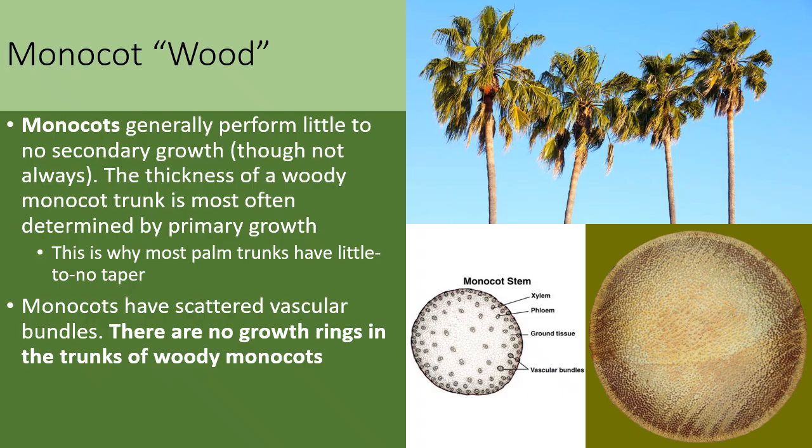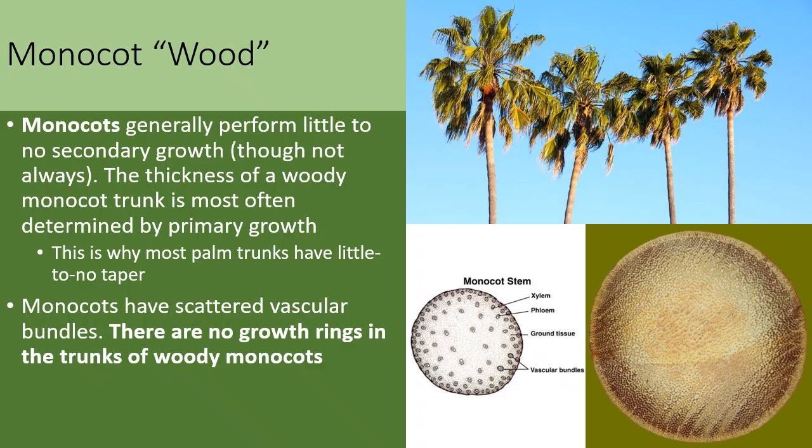About monocots, the stems of woody monocots are lignified. Yes, they could be considered wood. Sometimes, like coconut timber is used for construction, but overall, it's debatable whether or not monocots have real wood, because while it is lignified, while it can be used for construction, it's not really the result of secondary growth.